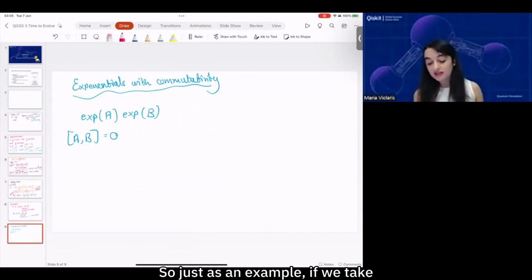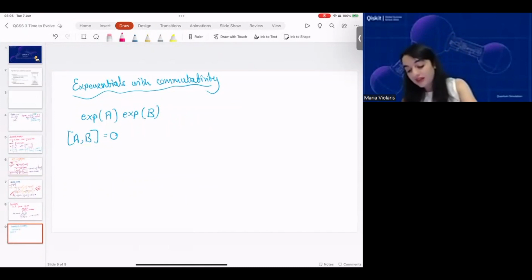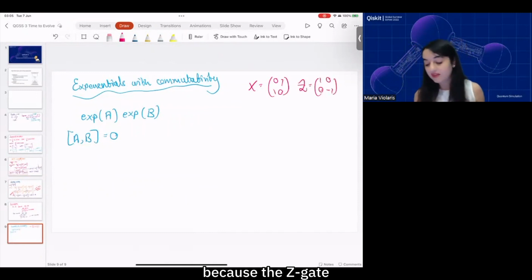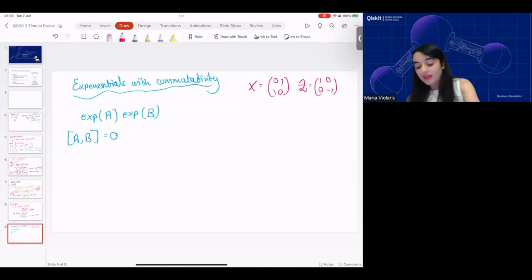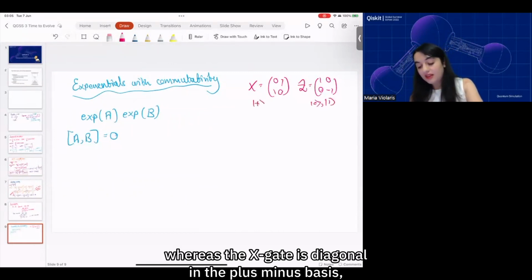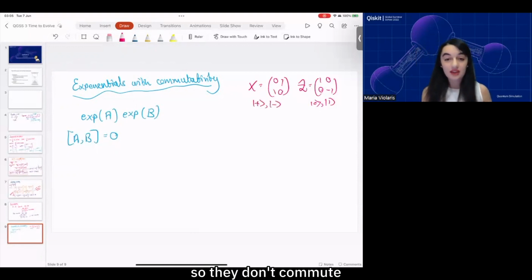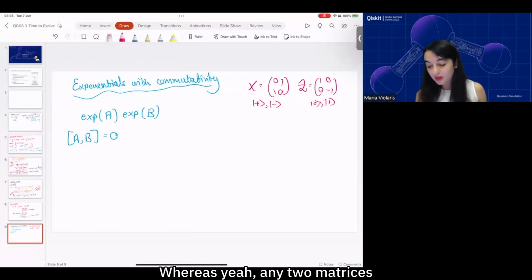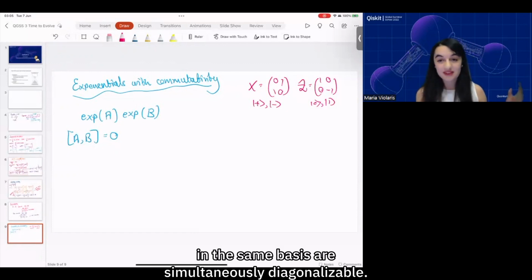So just as an example, if we take the X gate and Z gate, they are not simultaneously diagonalizable because the Z gate is diagonal in the computational basis, 0 and 1, whereas the X gate is diagonal in the plus minus basis. So they don't commute and they're not simultaneously diagonalizable. Whereas any two matrices that can both be written diagonally in the same basis are simultaneously diagonalizable.